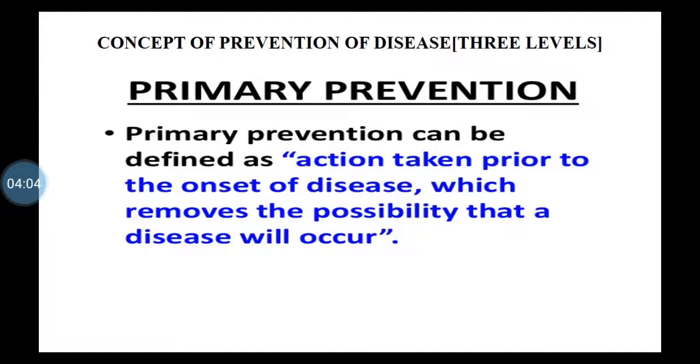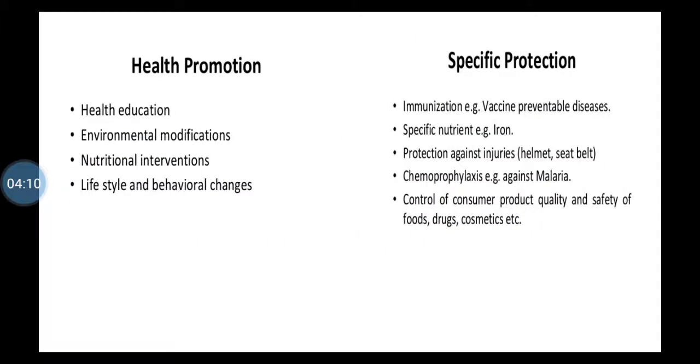Now, how these measures can be followed, that we will see now. They are followed in two steps. First is health promotion measures, and the other is specific protective measures, or we can say health promotion and specific protection, isn't it?